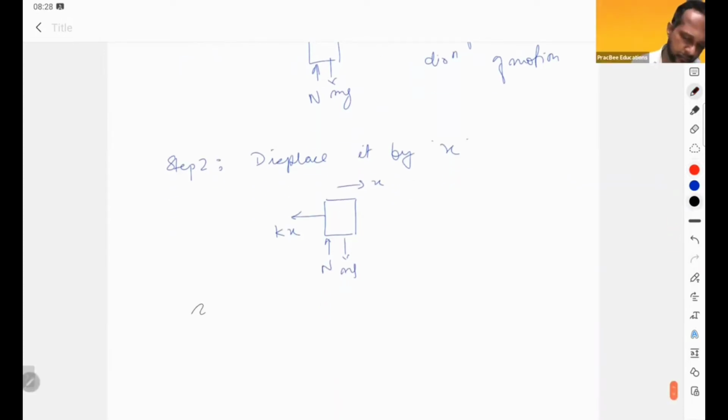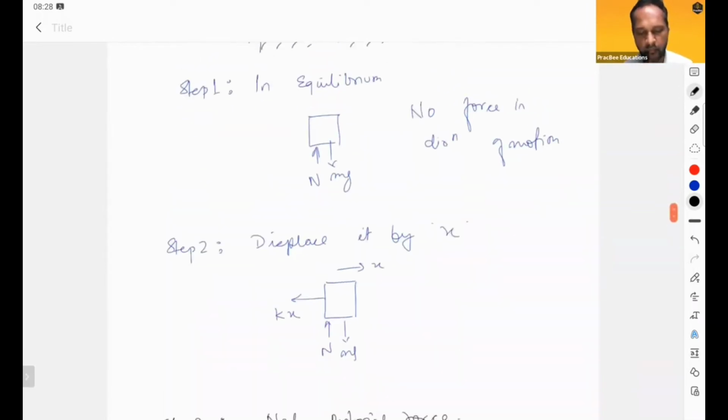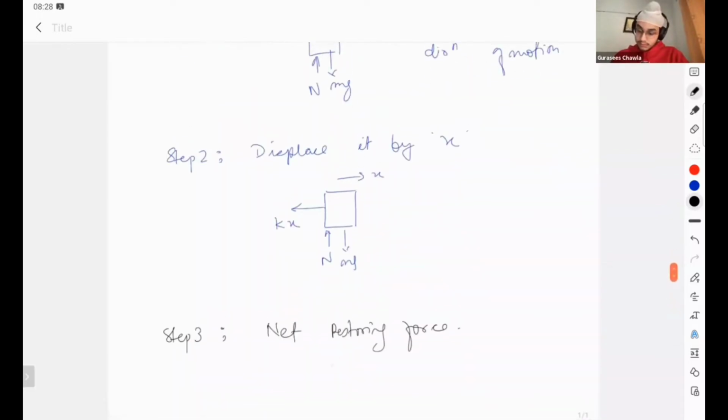Then in step 3, we write the net restoring force. Restoring force is that force which acts towards the mean position. So if you see this diagram, net restoring force will be minus kx.